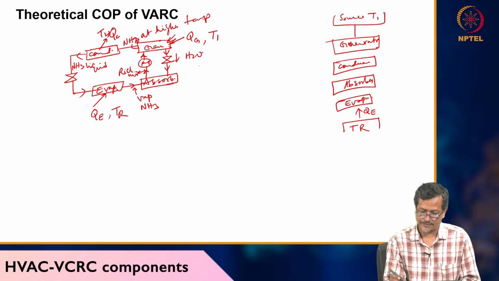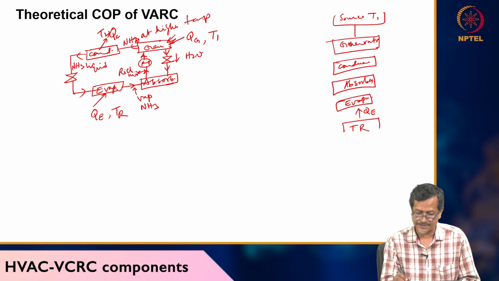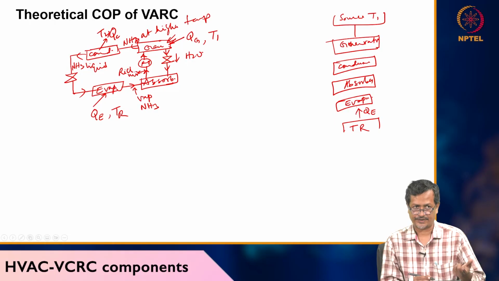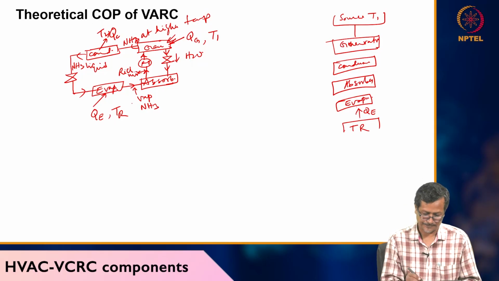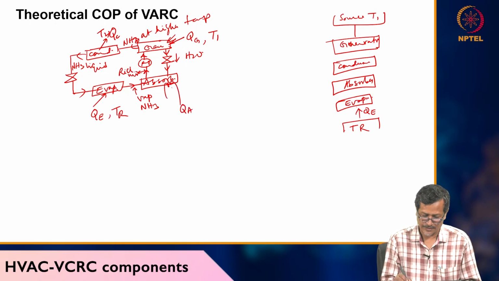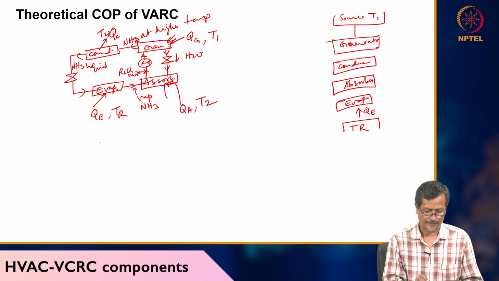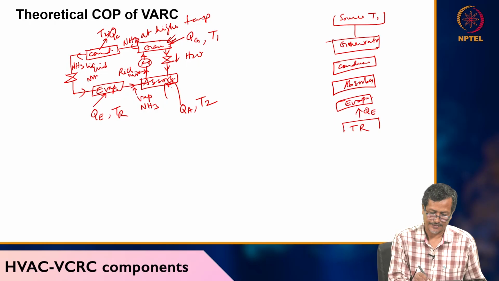One pump is here, and the pump will be pumping liquid; it will not work with gas or steam, so only liquid will be pumped. The absorber also has cooling water coming, so this is QA at temperature T2. So this is the ammonia plus water cycle.